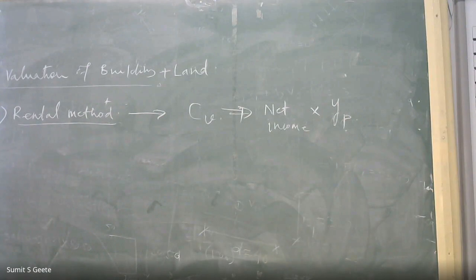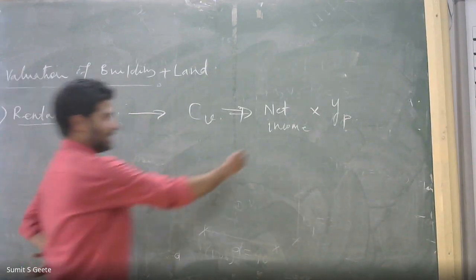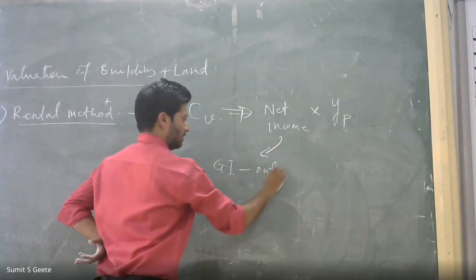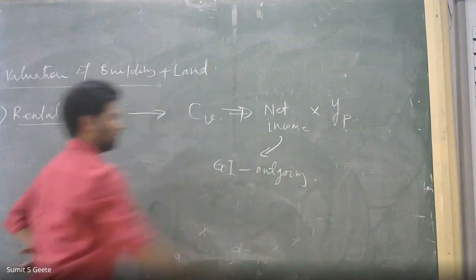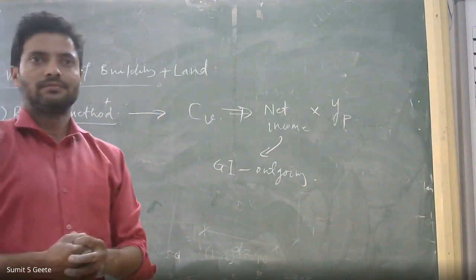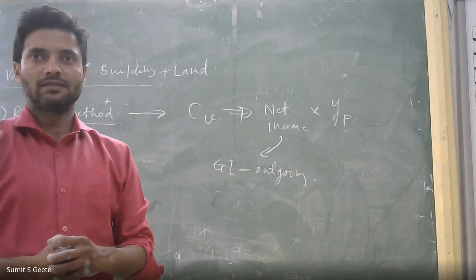Now, what exactly does net income mean? It is gross incoming minus outgoing, right? Now, can we say gross income is equal to your rent? Gross rent.